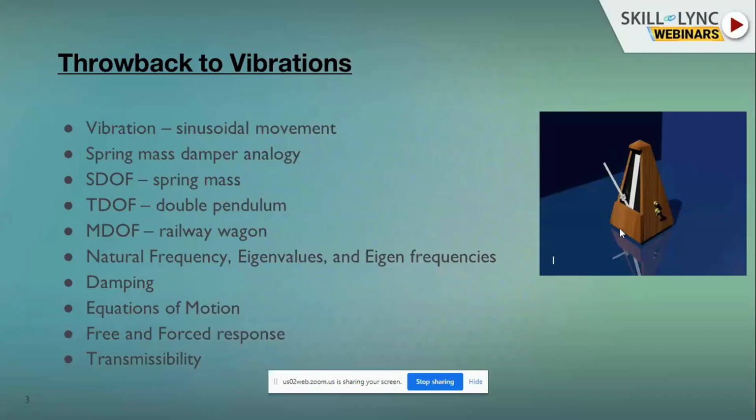And we have different types of vibrations, that is, what are free vibrations, what are forced vibrations, and how a system is going to behave under free and forced vibrations. And then we also spoke about transmissibility. Whenever there is a vibration set up in a system, there is definitely going to be a force involved.